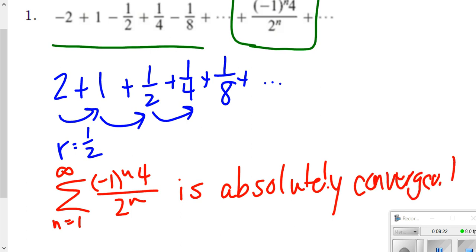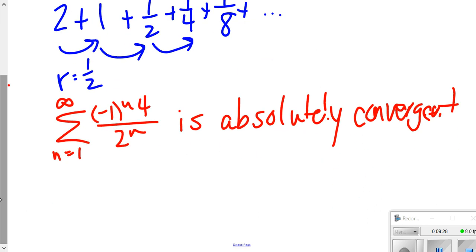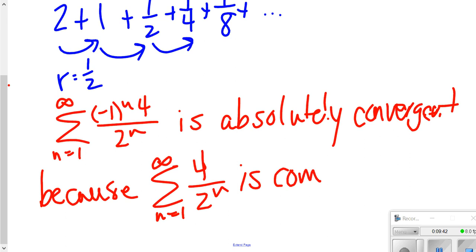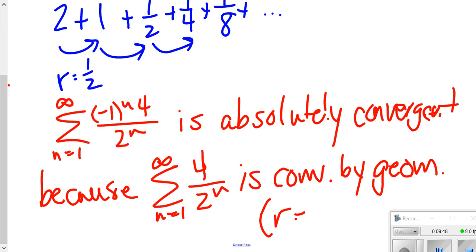Okay, so there I am talking about the series with the sign alternators, right? I left that -1 in. So that series is absolutely convergent because the series without the sign alternator, the absolute value, is convergent by geometric series, r is equal to 1/2.